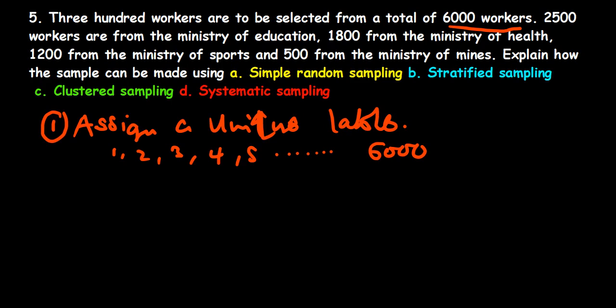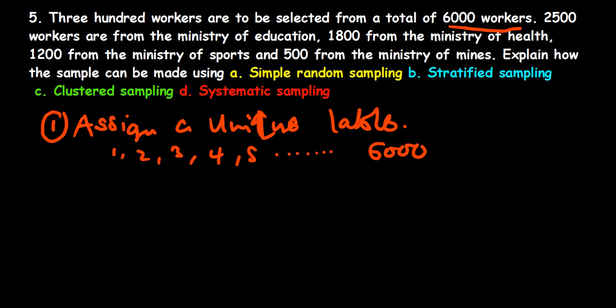And then what are we going to do now? We are going to calculate the interval. Remember I said in systematic sampling, samples are selected at regular intervals. So now we calculate the interval at which we are going to be selecting these people. How do you calculate the interval?